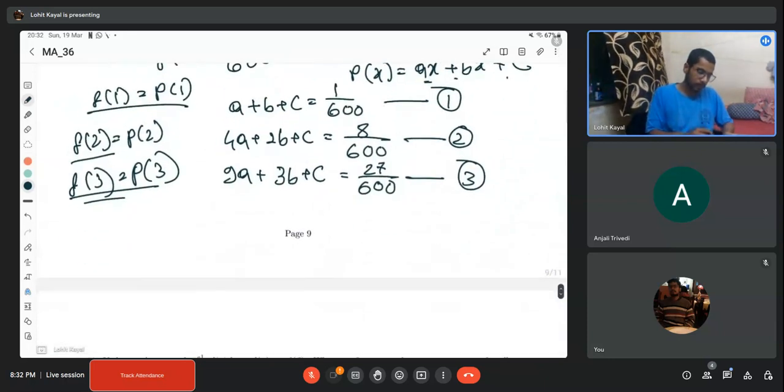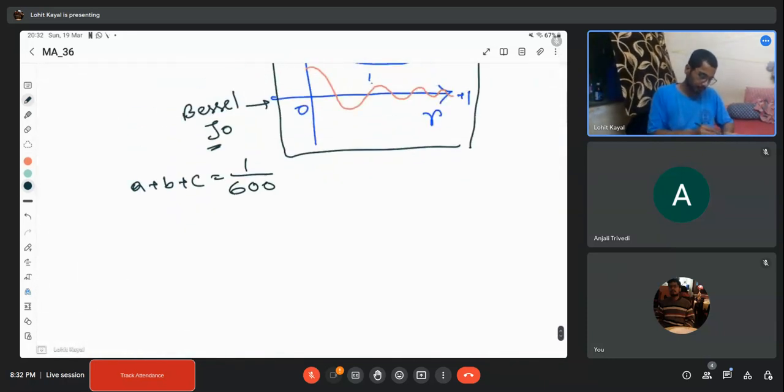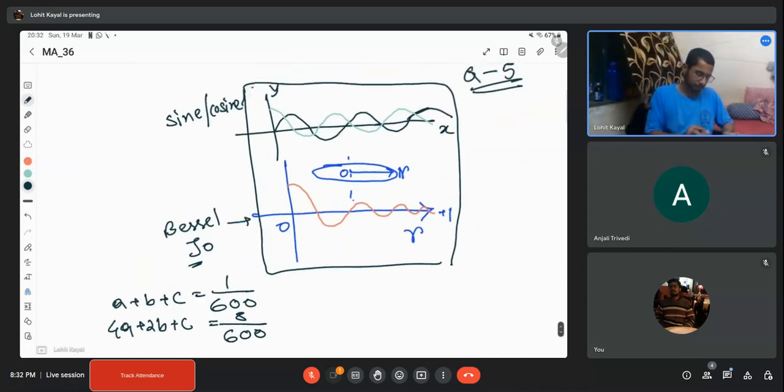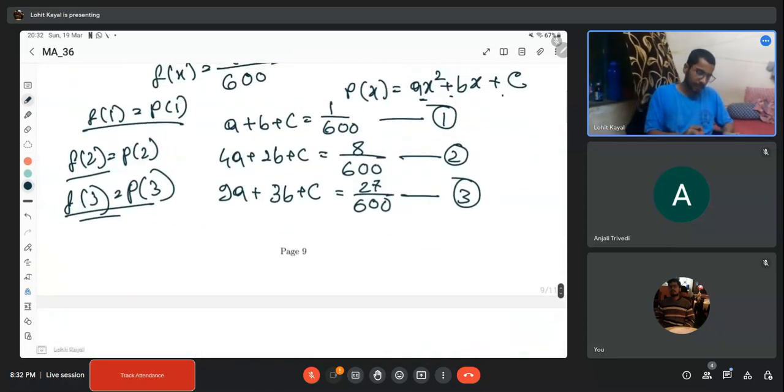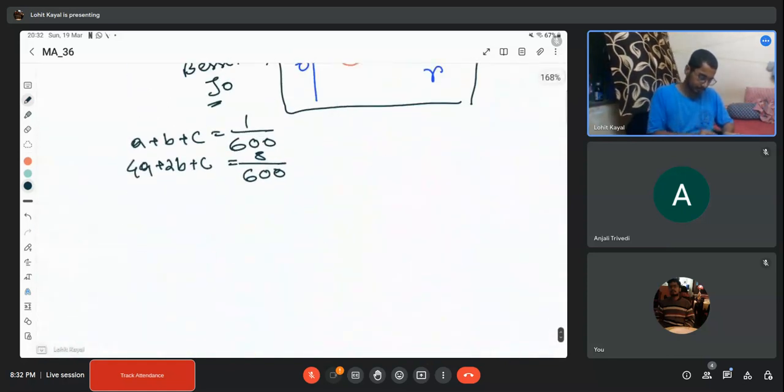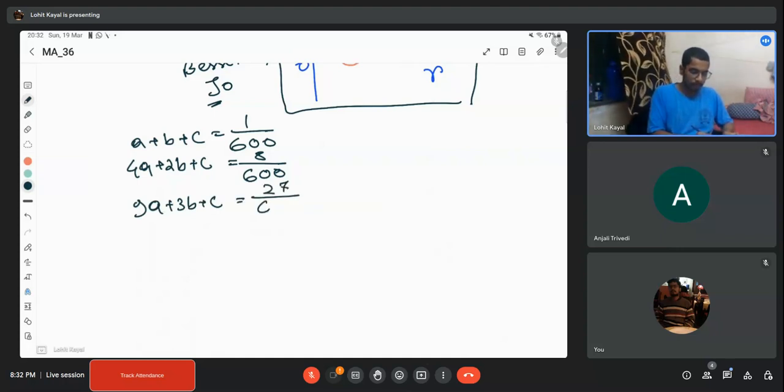Then 4a plus 2b plus c equal to 8 by 600. And finally 9a plus 3b plus c equal to 27 by 600.